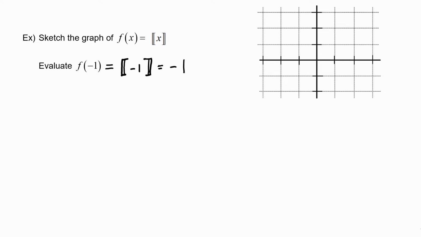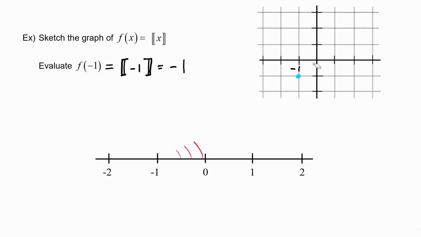So if we come over on the graph, we put in -1, we know that f of -1 is -1. And in fact, if we consider every x value between -1 and 0, we see that all of those are going to round down to -1.